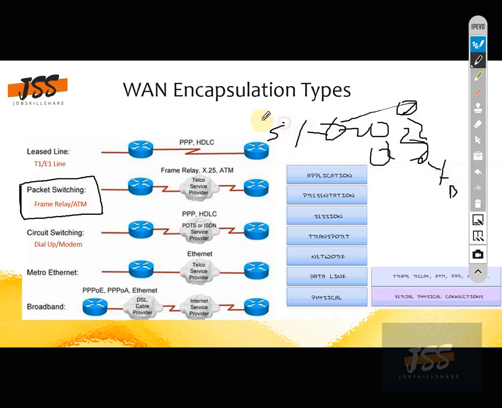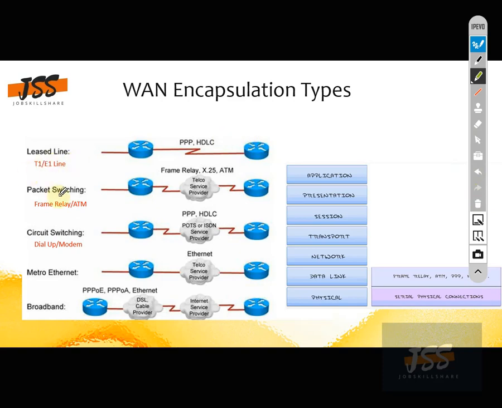If the source wants to send information to this destination, maybe it could choose this path, and maybe next time it will choose this path. So it has variety. That is known as packet switching. But when we talk about WAN packet switching, basically we are talking about technologies like frame relay, ATM or X.25.